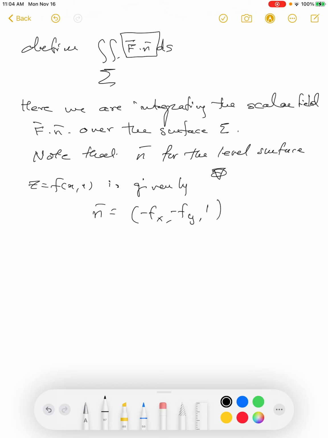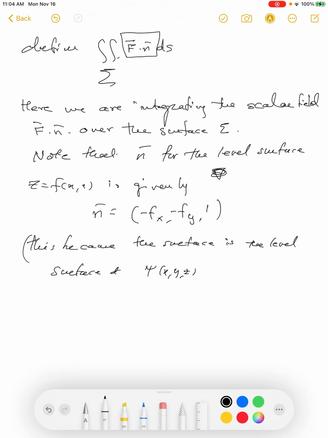You are taking the gradient of this function. So this is because the surface is the level surface of, I call this psi, psi of xyz equal to z minus f of xy.